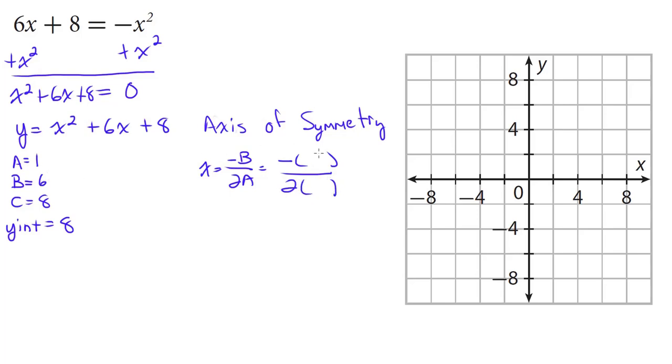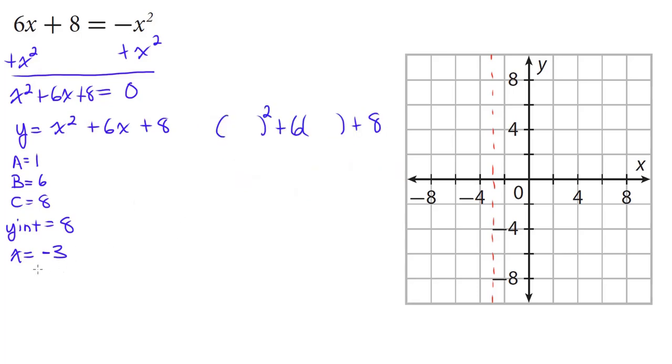My b value is 6 and my a value is 1. So this becomes -6 over 2, which equals -3. So I now know that my axis of symmetry is at -3, and so that's going to be right here. This is -3. And I also know that this -3 is the x value of my vertex.